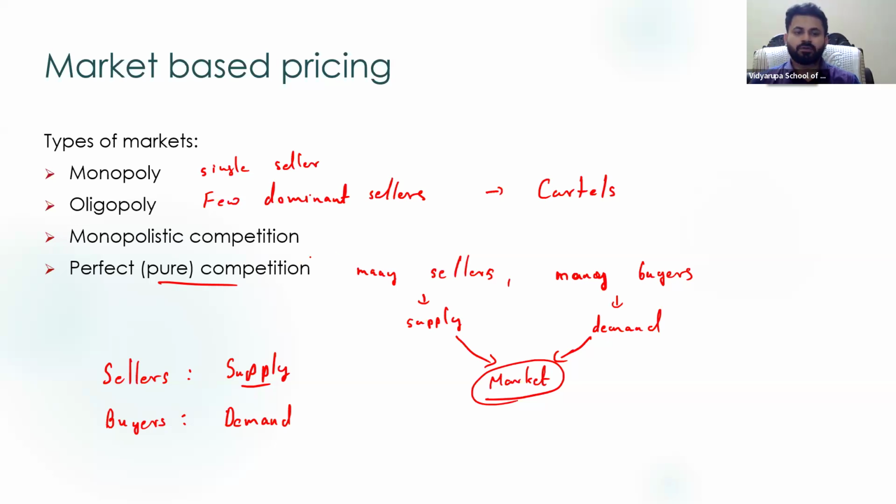Yeah. Sorry. So monopolistic competition. What happens? Many sellers. The next point is the most important part: same but not identical products.